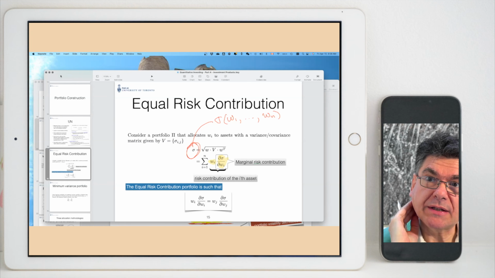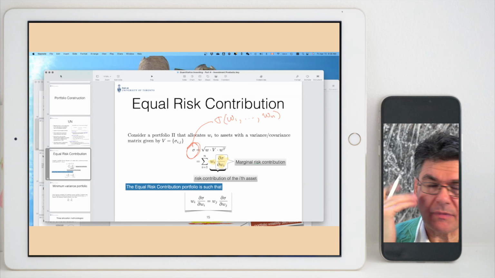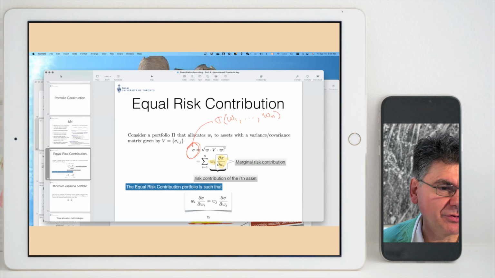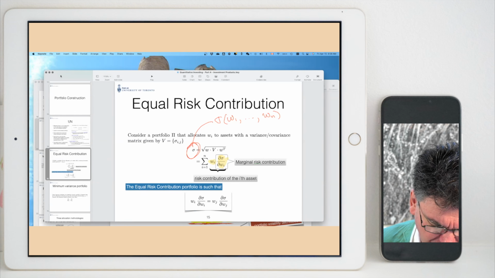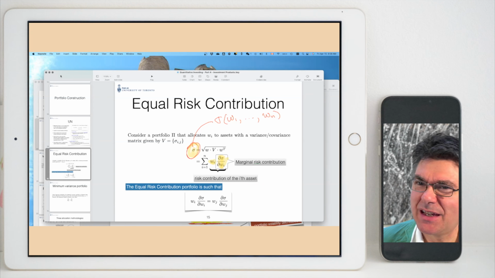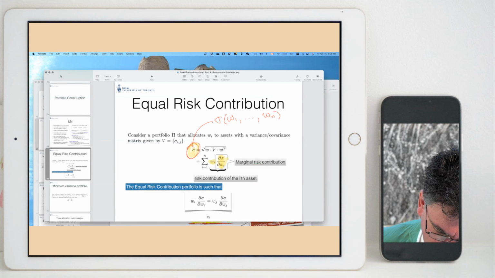This is a formula you can check by partial differentiation. You can do this on your own if you want to. It's a long calculation, I'm not going to do it here. You know how to take partial derivatives, and if you take the partial derivative of this expression, multiply by the weight and add, you get the volatility again. It's a good formula.